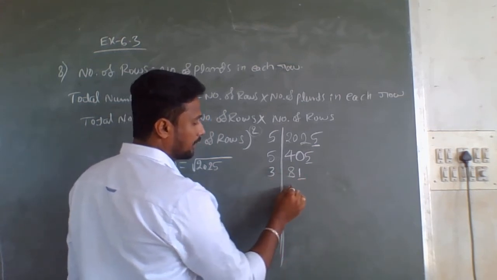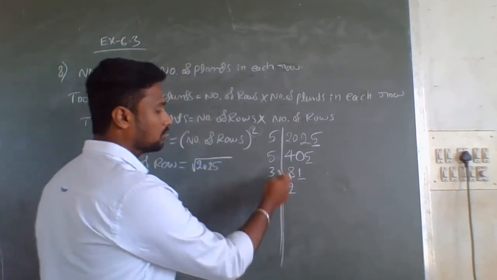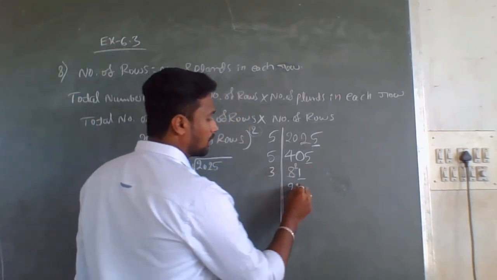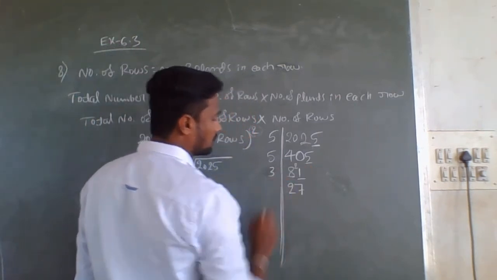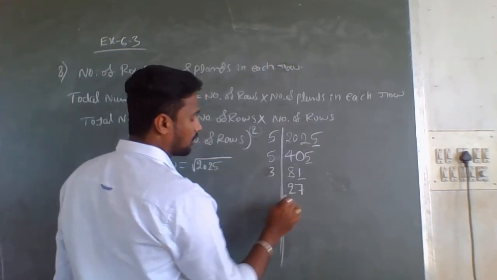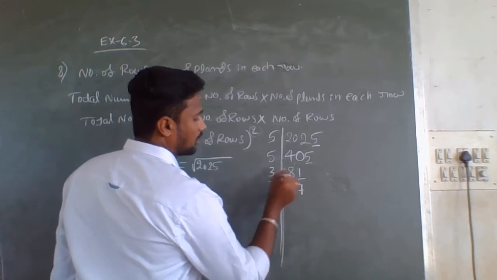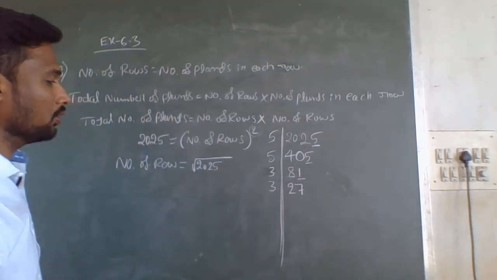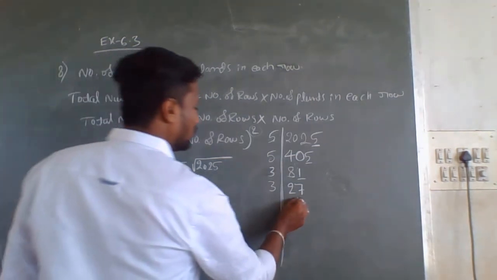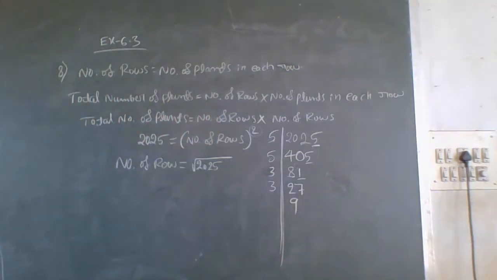Here it is 8, which means 3 twos are 6. 2 is remaining, so it becomes 21. 21 means 3 sevens are 21. Now again we got 27, which can be factorized with 3 only. 27 means 3 nines are 27.